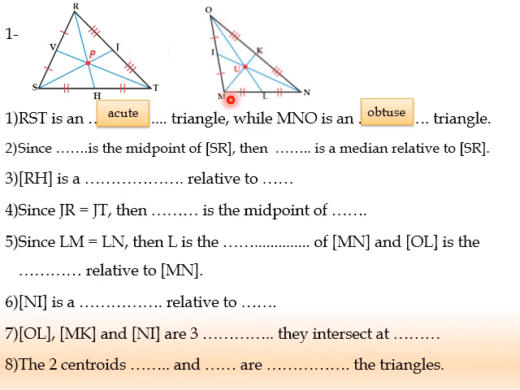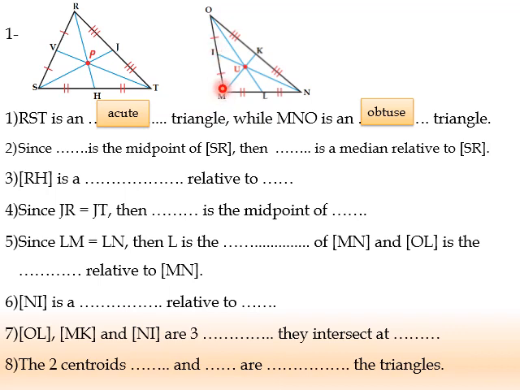Similarly here we have OMN. ML equals LN, so L is the midpoint of MN, and OL is the median since it's a segment issued from vertex O to the midpoint of the opposite side. Similarly, I is the midpoint of OM and NI is a median issued from vertex N relative to OM.